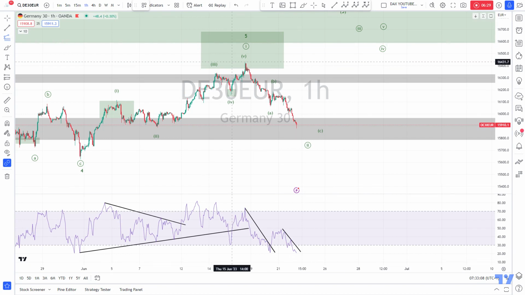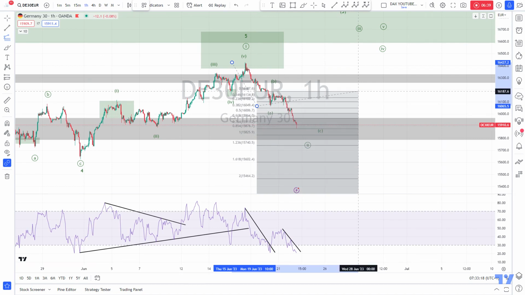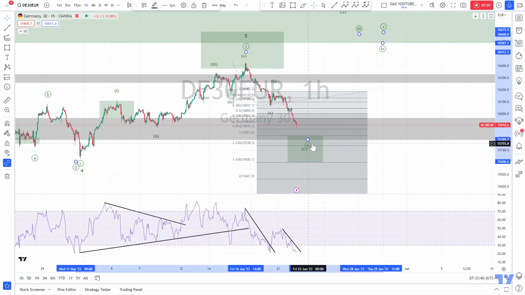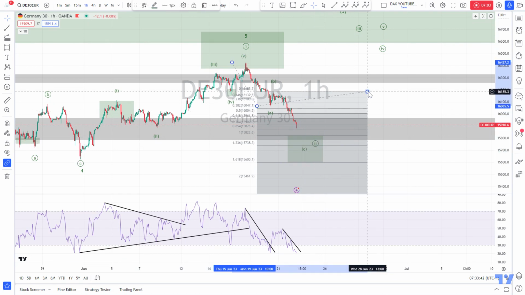So now let's see what's the target area for our wave C. So we take the length of wave A, the length of wave B, and then here this area between the 1 and the 1.618 FIB extension is our area where the wave C should end.